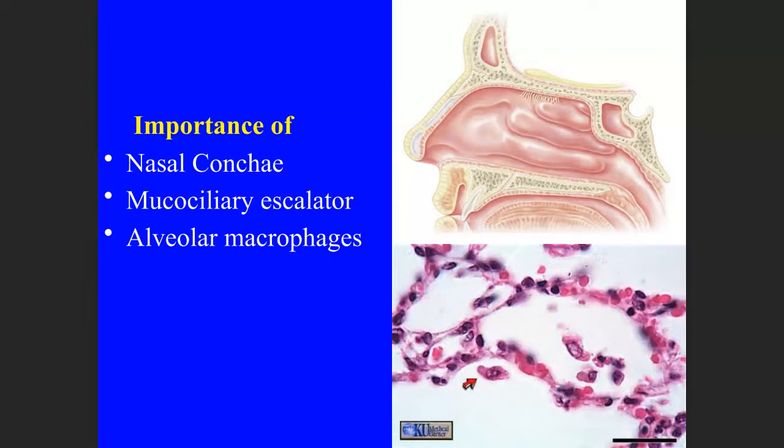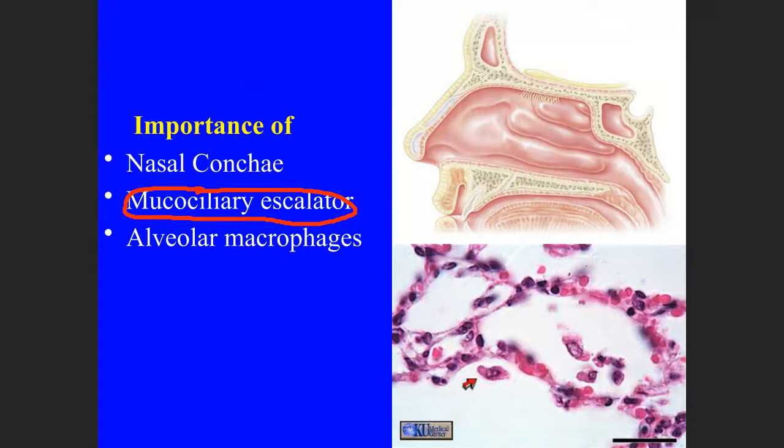You might also remember that your respiratory tract is lined by something we call the mucociliary escalator. It's basically a pseudostratified ciliated epithelium, so that anytime you breathe in air, if there's any debris or dust or bacteria in that air, we want that stuff to stick to the mucus layer that lines it, and then the cilia move everything up and out, to prevent anything from getting down to your lungs.